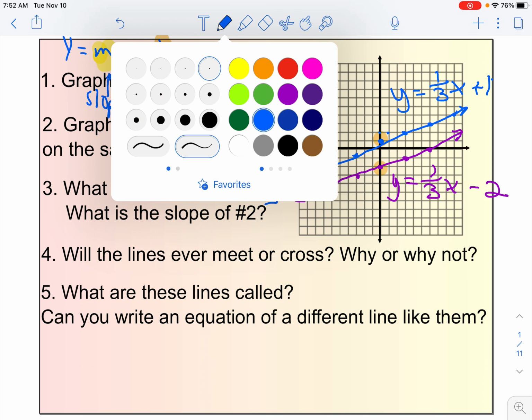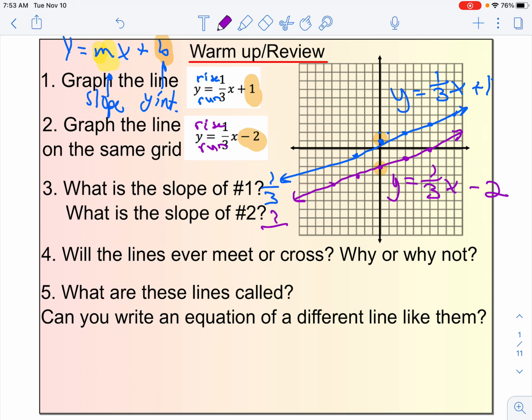Okay, so what is the slope of line 1? Well, it is 1/3. What is the slope of line 2? 1/3. Will the lines ever meet or cross? The answer is no, because they are the same distance apart.